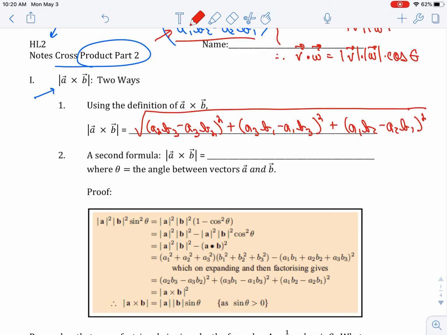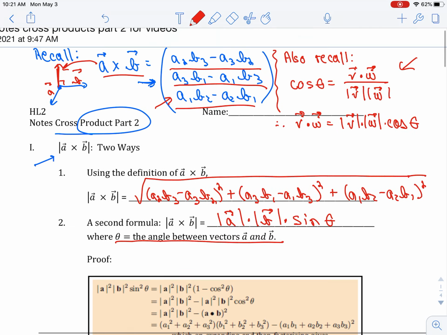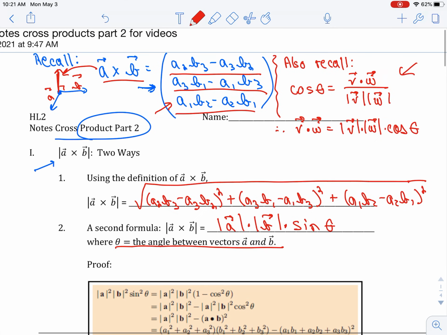The second formula says that the magnitude of A cross B is going to be the magnitude of A times the magnitude of B times the sine of theta, where theta is the angle between the two vectors. And if you go back to the dot product, remember this is the formula that we emphasized because this is the one that helps you find the angle between two vectors.